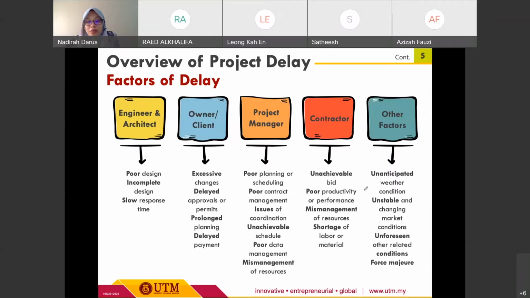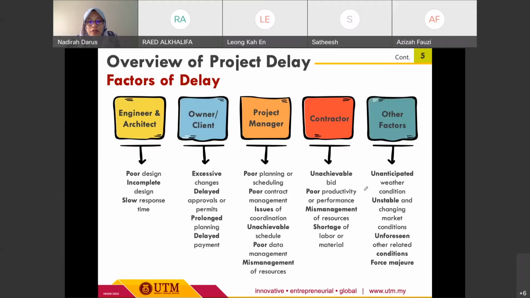So this for sure will affect the progress of work, okay? Because the contractor needs to proceed with the work, to construct the work, and the client or the owner keeps on requesting changes to the design, okay?